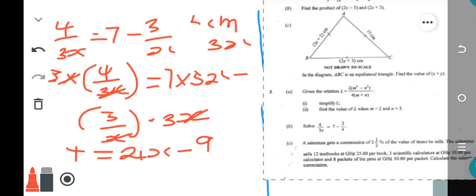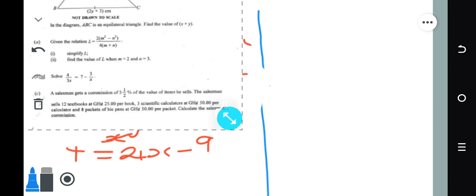And so let's try to group like terms here. We're going to have 4 plus 9 equal to 21x.